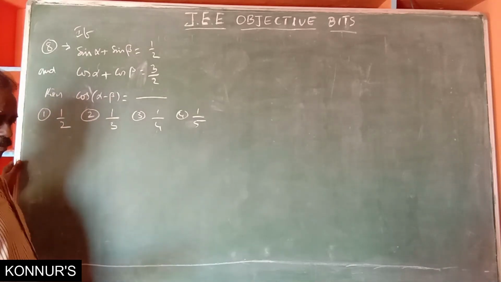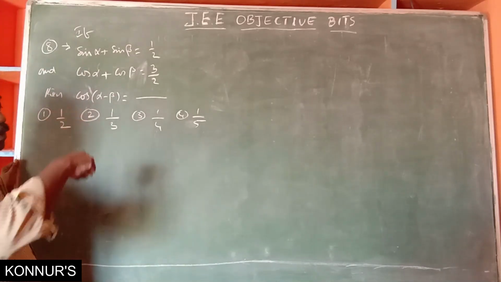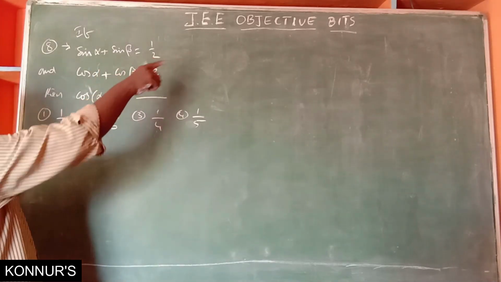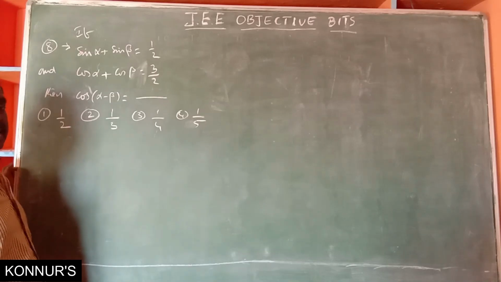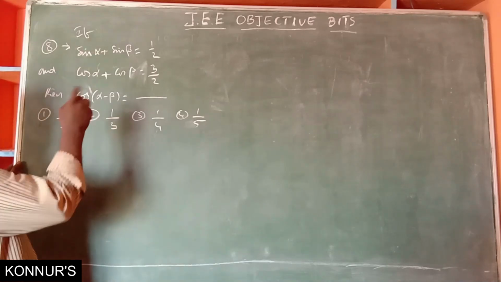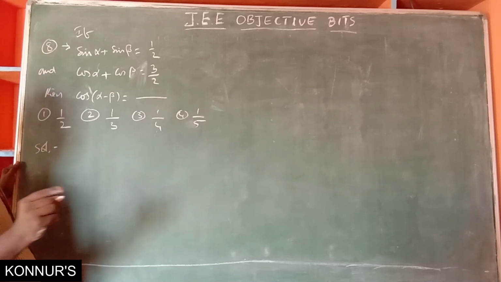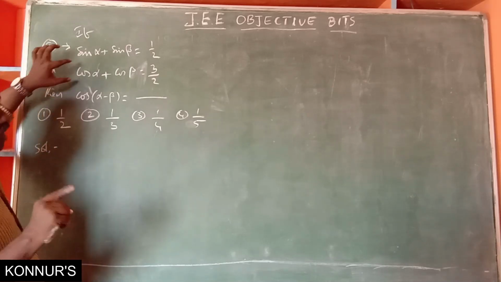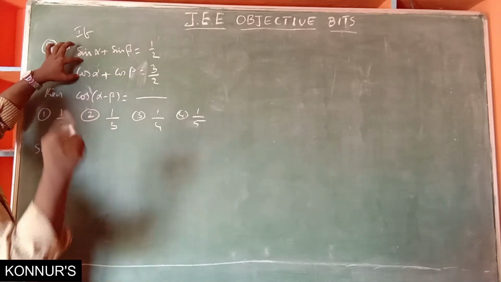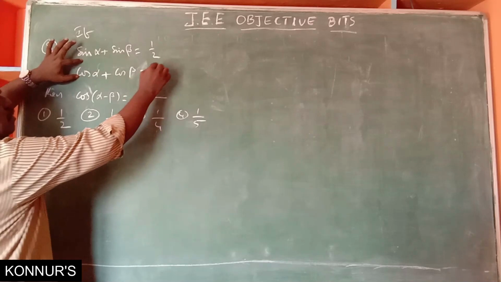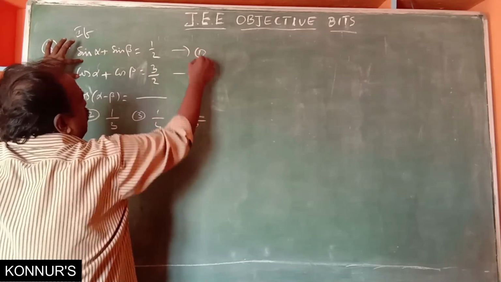We may confuse it with the previous problem. There we used equation 1 and equation 2. If you do like that, I will teach it wrongly first, because we may confuse it with the previous problem.